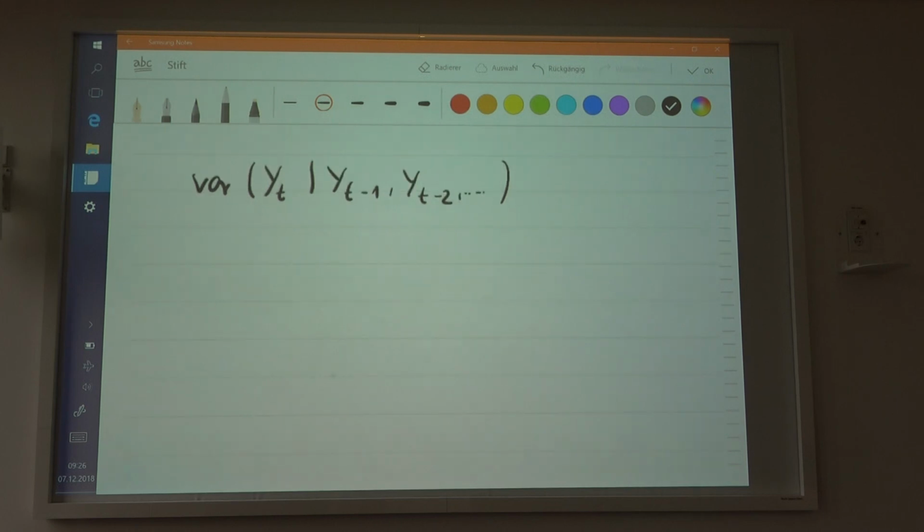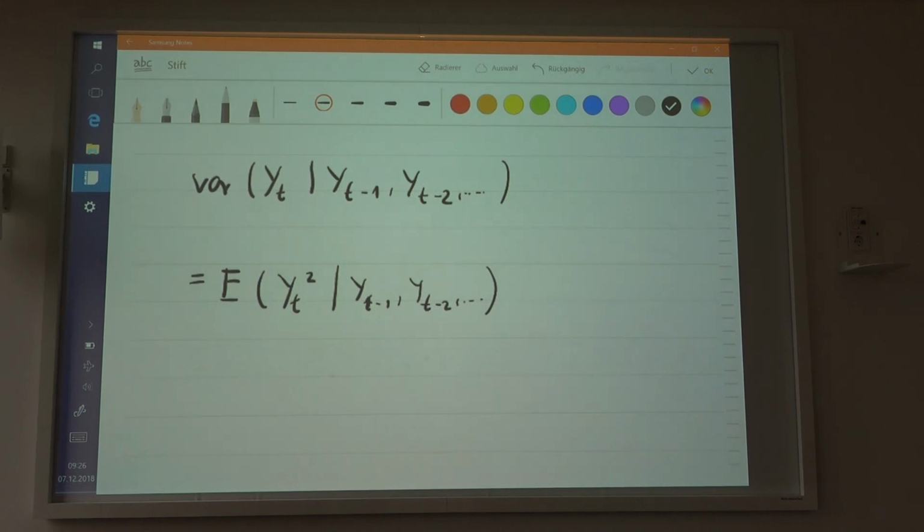What would be the variance of the current observation given the past of the process? Now, the variance is equal to the expectation of the squares minus the square of the expectations. So you have the expectation of the squares of y_t given its past, y_{t-1}, y_{t-2}, etc., and then minus the square of the expectation.